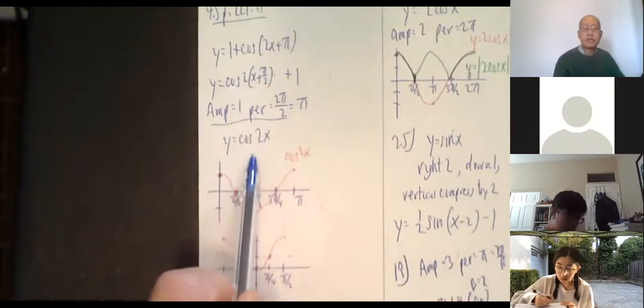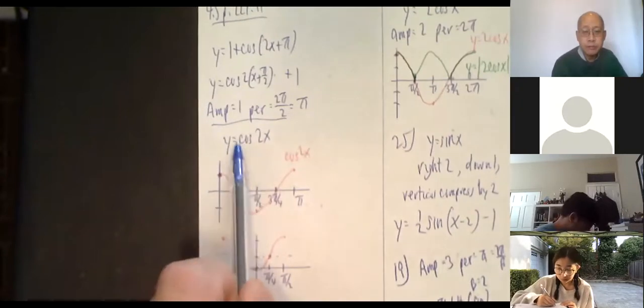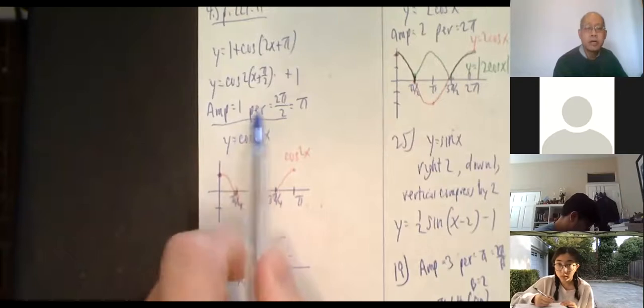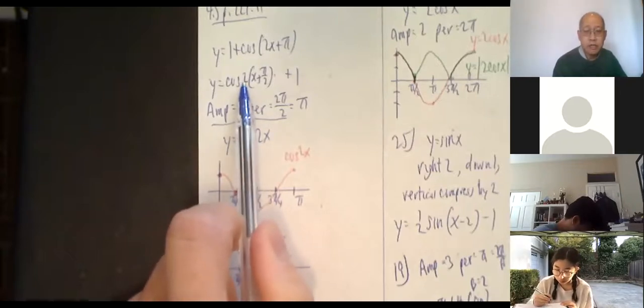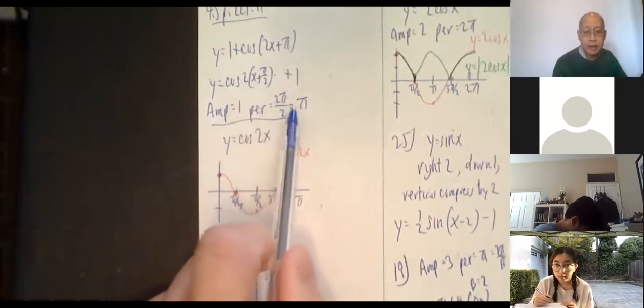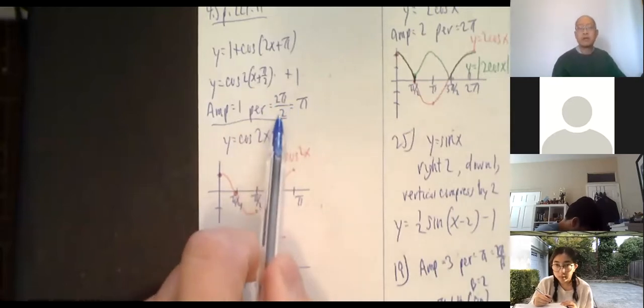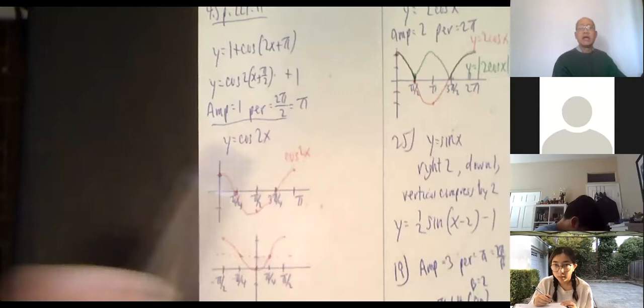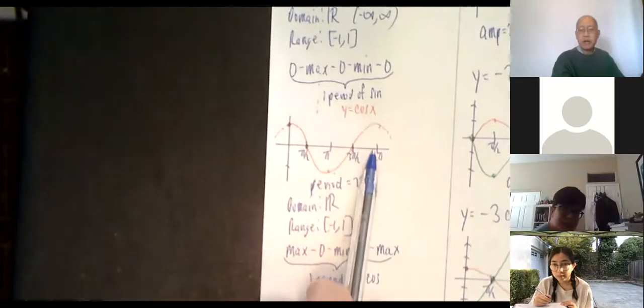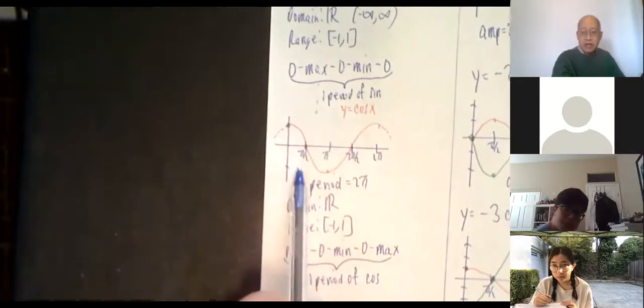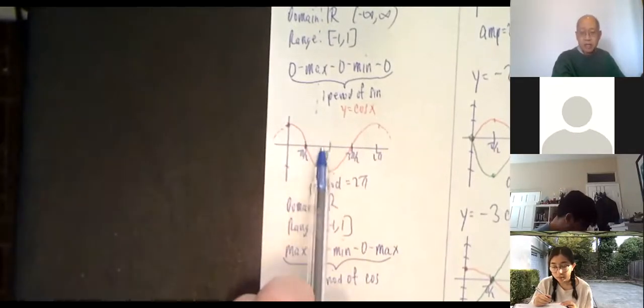Okay, cosine 2x, what's the amplitude? 1. The coefficient is 1. The period is 2 pi divided by the b, the coefficient of x here. 2 pi divided by 2 is pi. All right, so it finishes 1 complete period after pi. Not 2 pi. The regular cosine finishes 1 period by 2 pi, but this finishes that entire down and up sequence by the time it reaches pi.